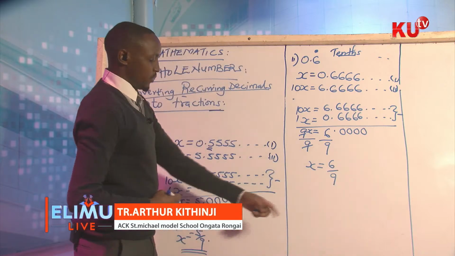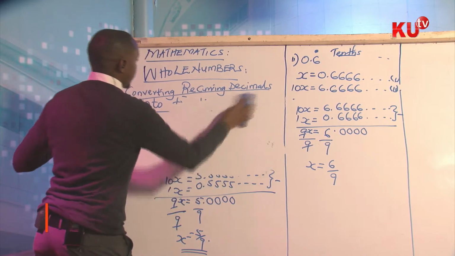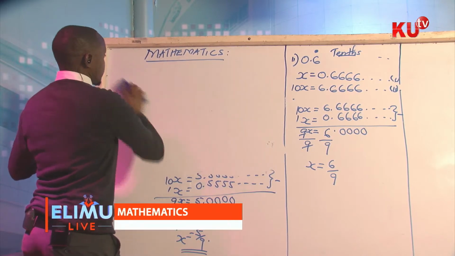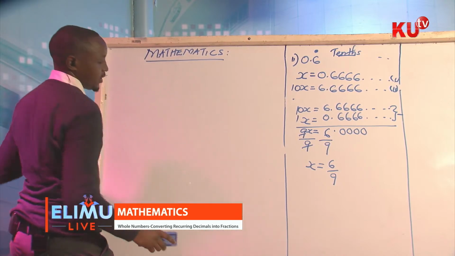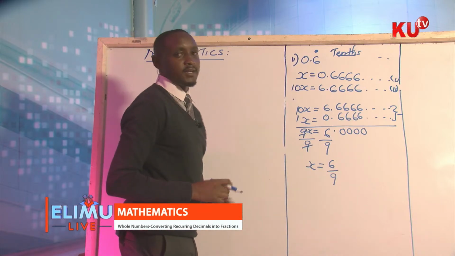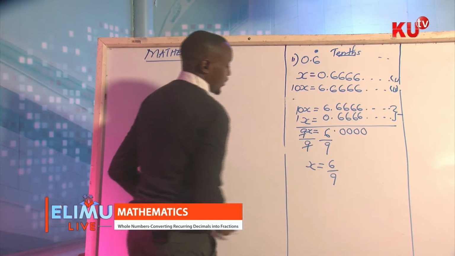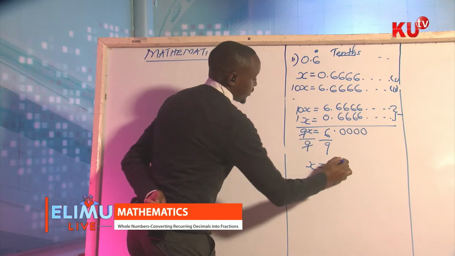But we say always, rules of fractions. Rule number 1 of fractions is that fractions should always be in the simplest form, which means there's a greatest common divisor between 6 and 9. And the greatest common divisor, we can see here, is 3. So when you divide 6 by 3, you get 2.